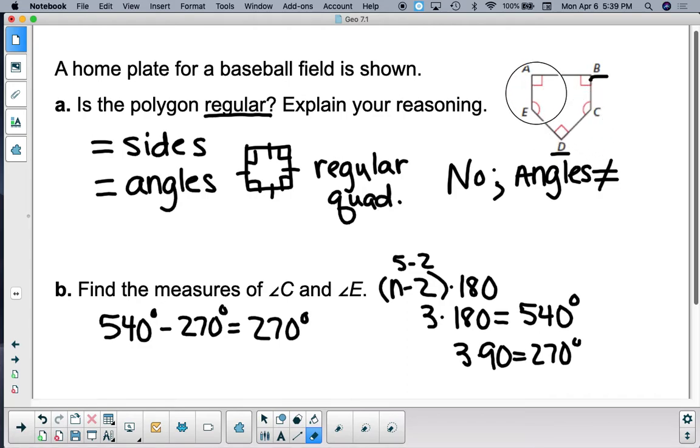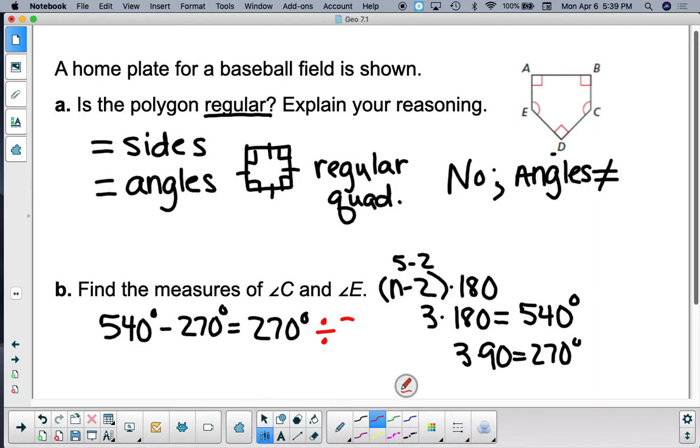You can't tell because I drew all over that, but yeah, E and C are the same. So if 270 degrees split equally means I'm going to divide it by 2. 270 divided by 2 is 135 degrees. So both angles are 135 degrees.